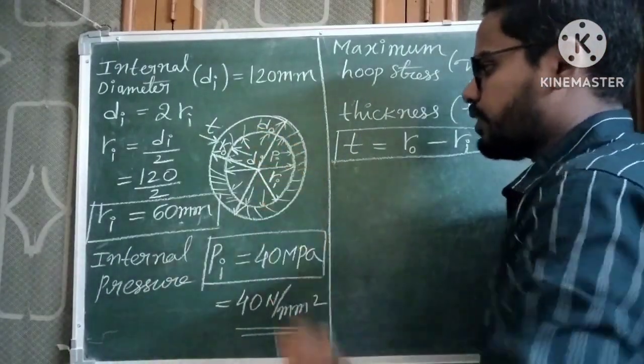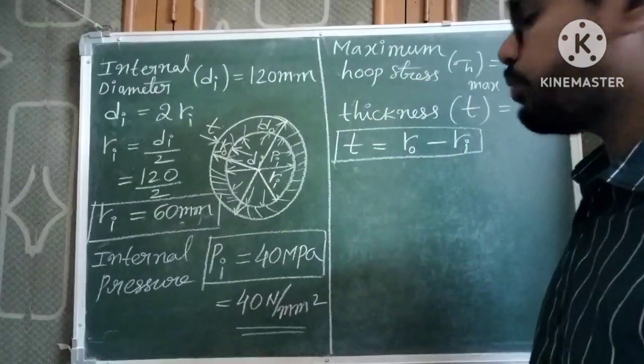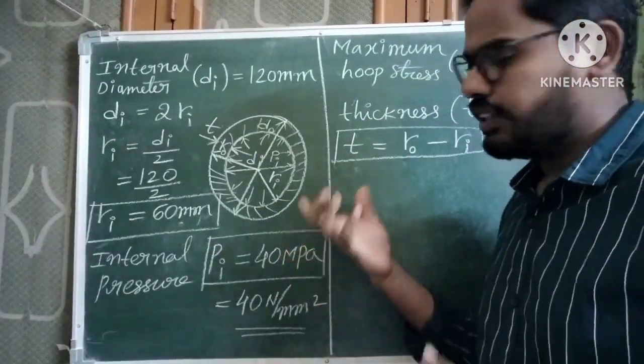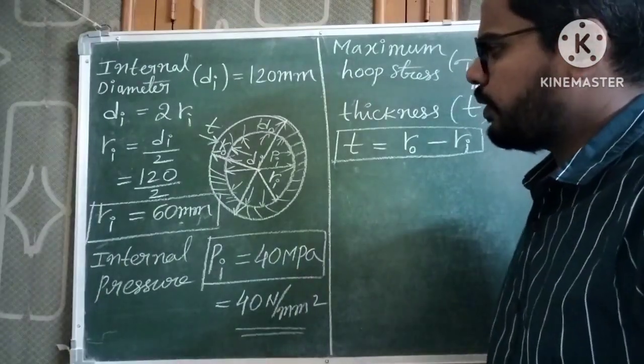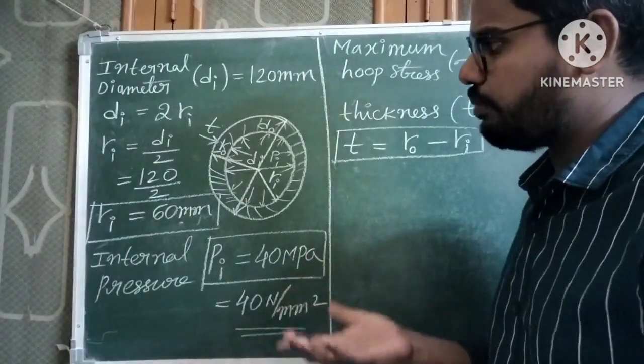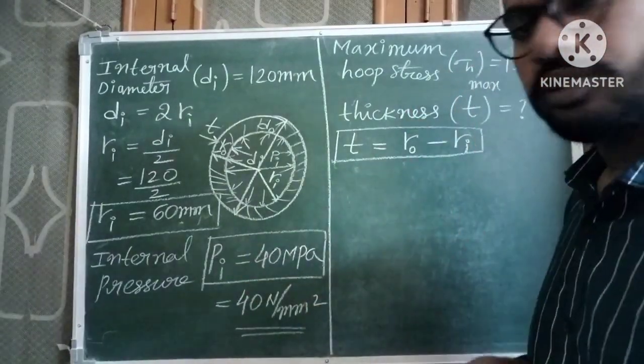So this cylindrical shell is subjected to internal pressure, and the maximum hoop stress is given. So this is actually a thick cylinder problem, where internal diameter and internal pressure are clearly given, and at the same time maximum hoop stress is given.